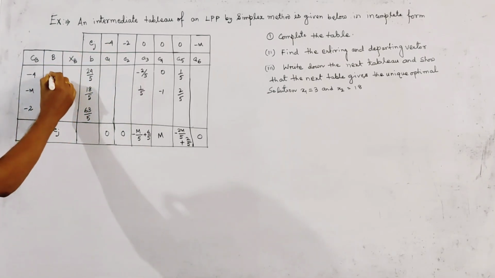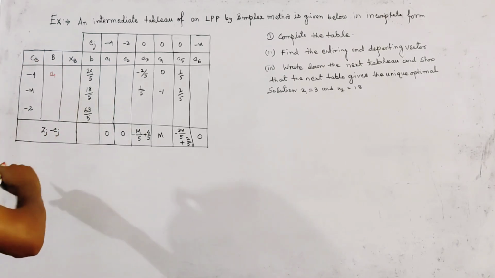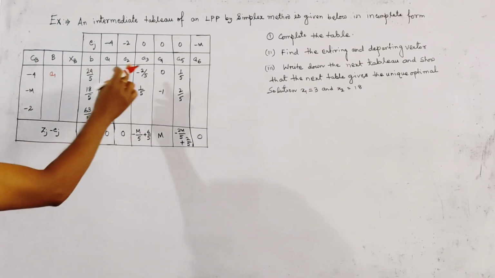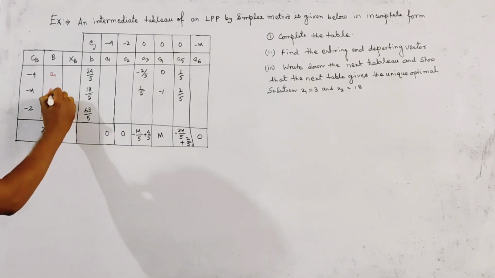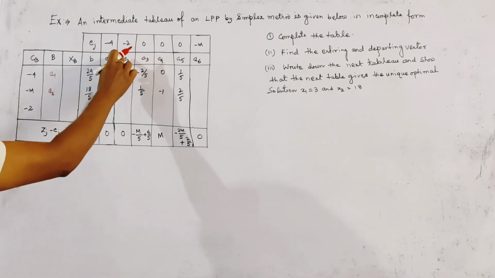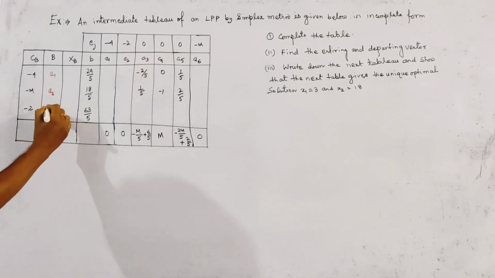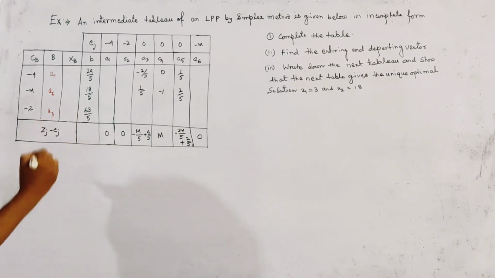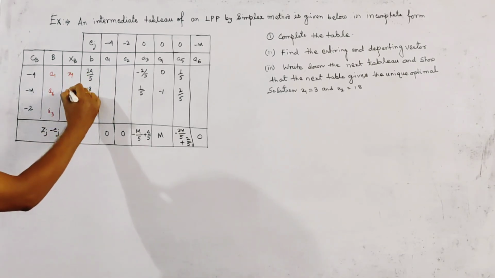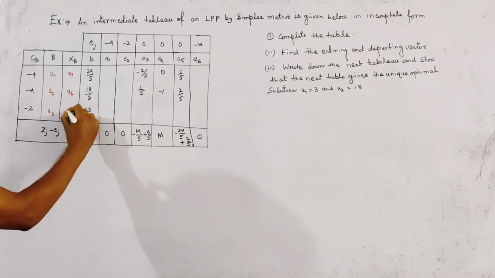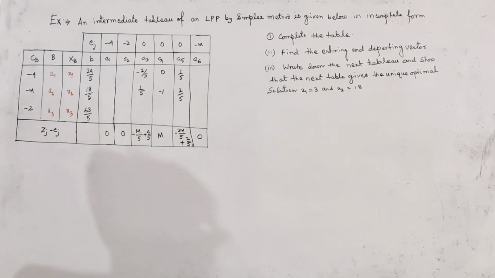So we write A1 here. And -M, so the second basis vector is A6; we write A6 here. And -2, the third basis vector is A2. We write the corresponding variables, which are x1, x6, x2.